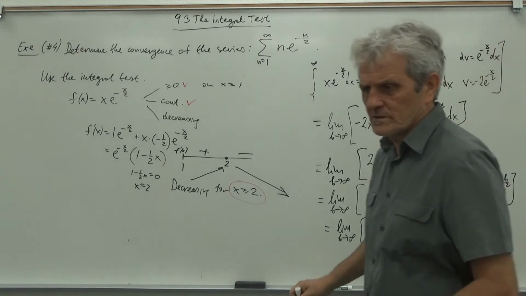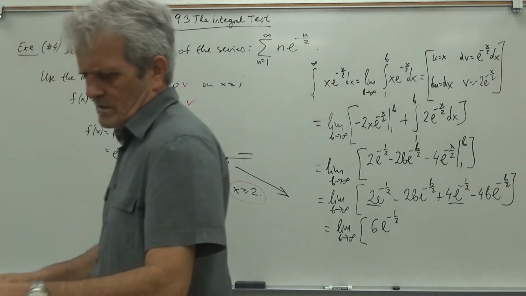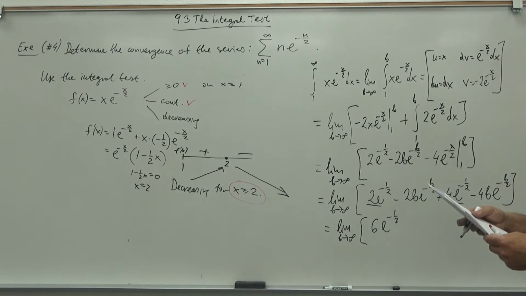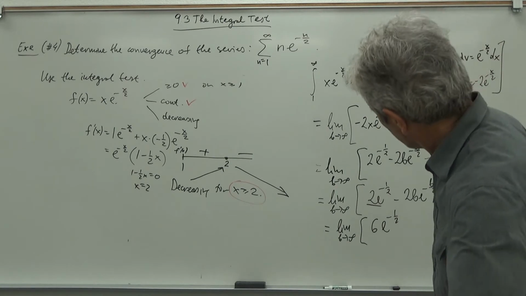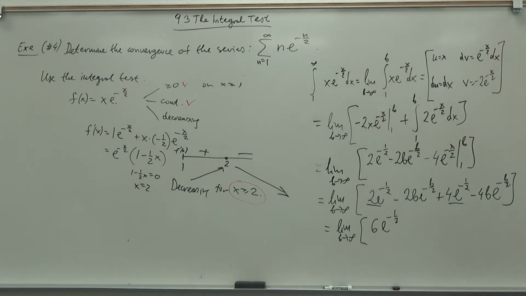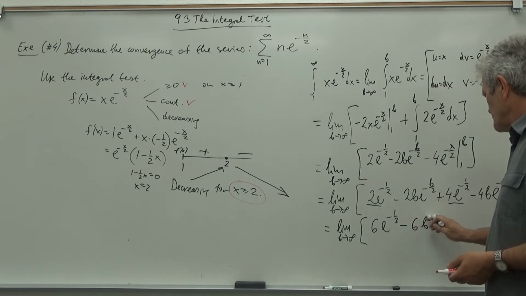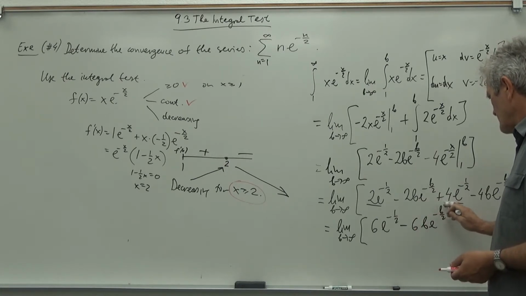Let me check my calculation. Yes, 6 also. Okay, good. Looks good. So what would that be? Minus 6b e to the minus b half.